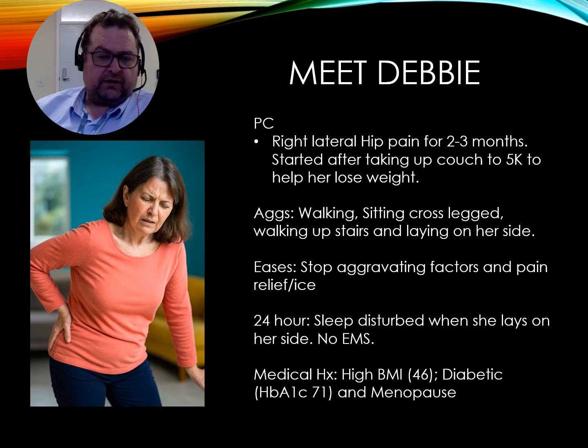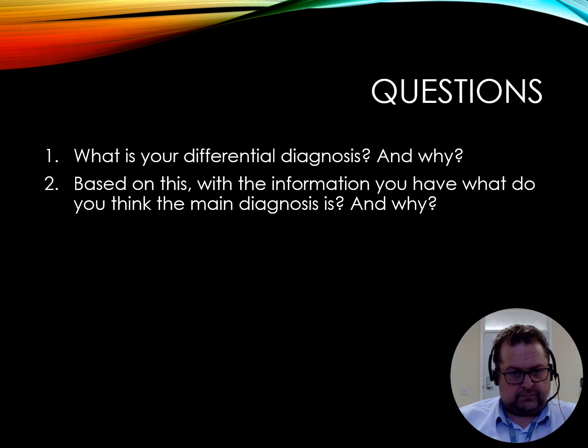Stopping her aggravating factors, pain relief, and ice ease it pretty quickly, and there's a 24-hour pattern. Sleep is disturbed when she lays on her side, but there's no early morning stiffness. And comorbidities include high BMI, diabetes, and the menopause.